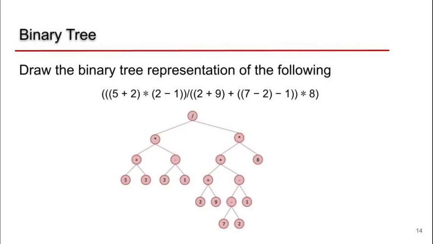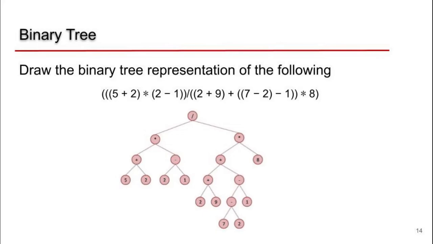So again, if we want to express this mathematical expression or operation using a tree, we should first know the priority of executing this operation. So I guess the root of the binary tree should be division.